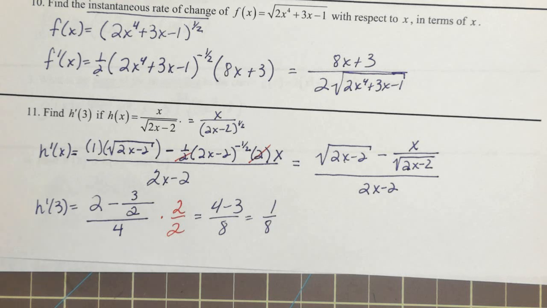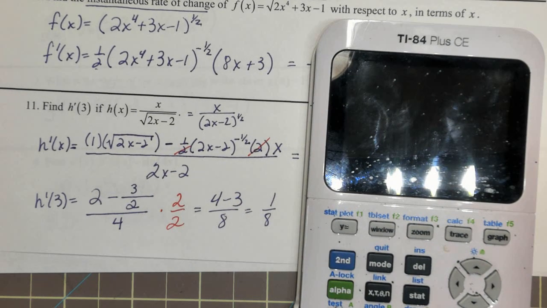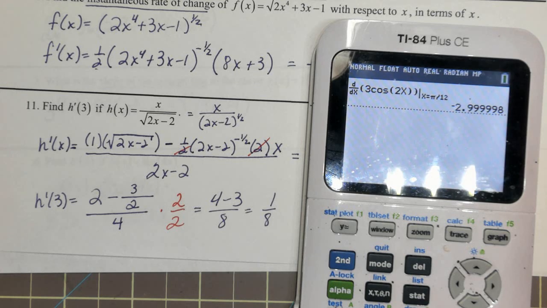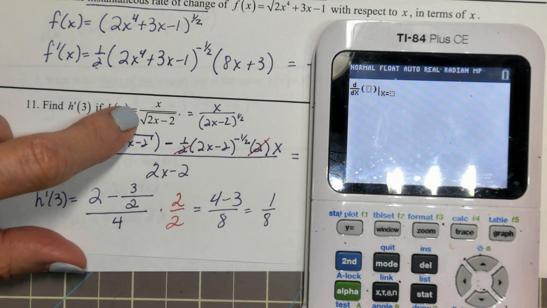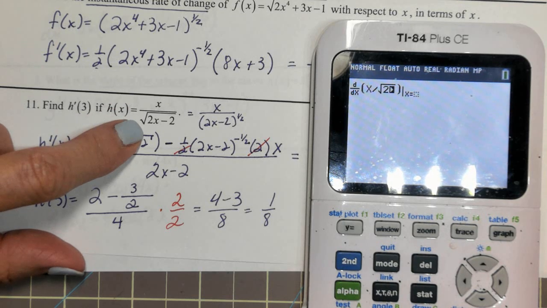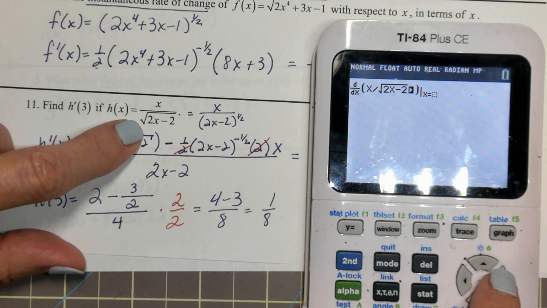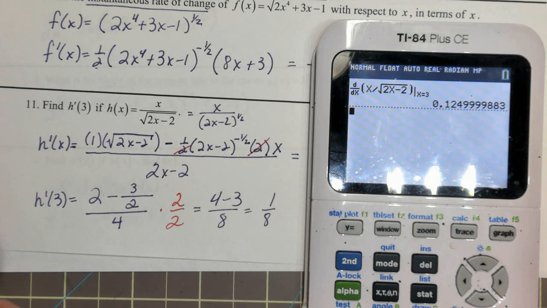How about if we check that one on our calculator, since we're plugging in that nice number 3 and we got a nice answer here. Okay, math 8 of x divided by the square root of 2x minus 2, evaluated at 3. Is that 1/8? Yes, it is. Okay, that is the chain rule.